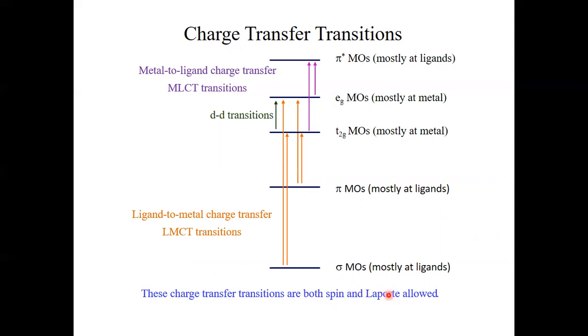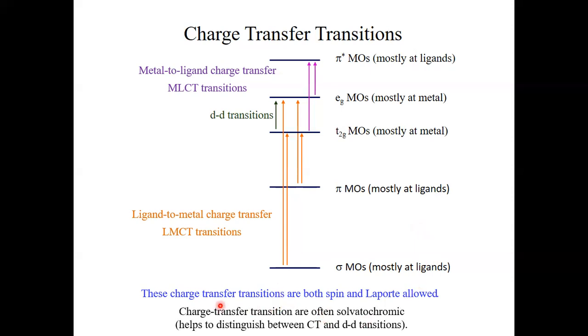And for that reason, if they occur, the associated color is usually very intense. That explains, for instance, the very deep color of the permanganate anion and the very bright orange color of the dichromate anion. Okay, but now to the question, under which circumstances are these transitions in the visible range?